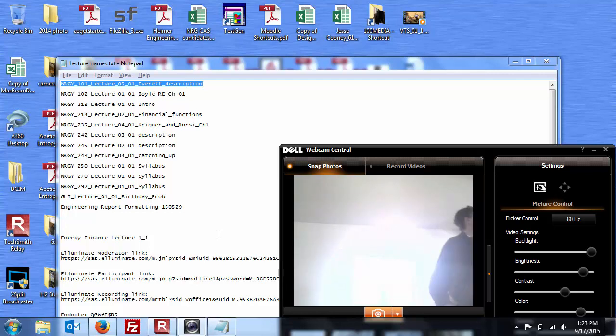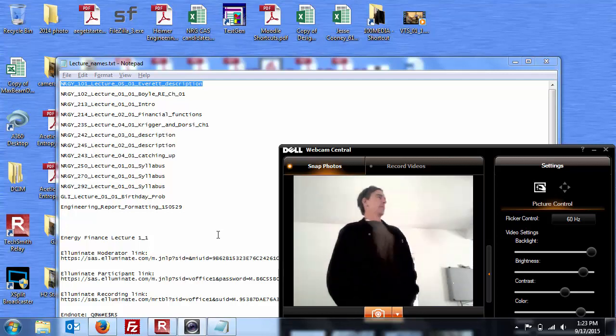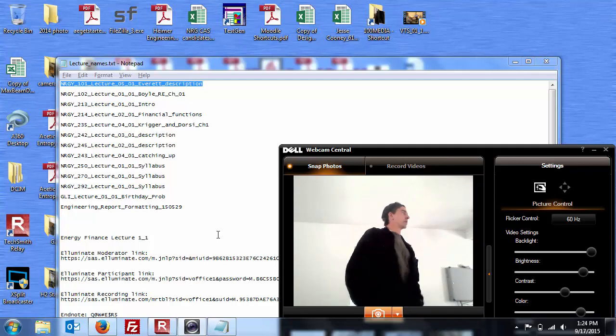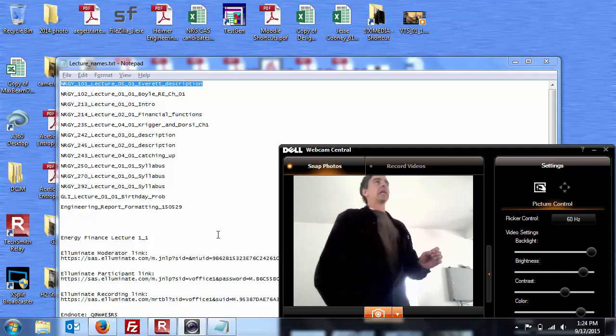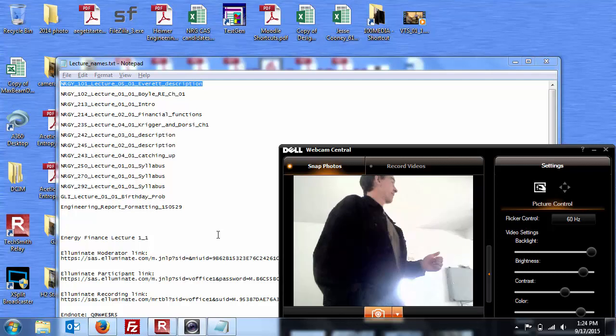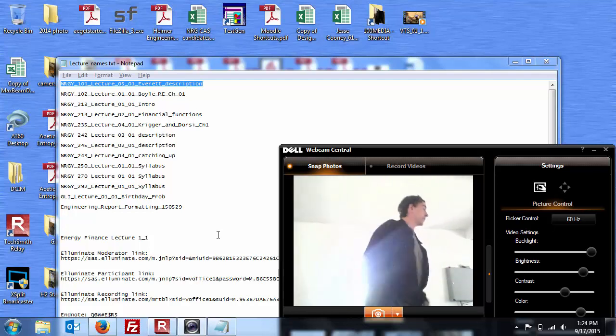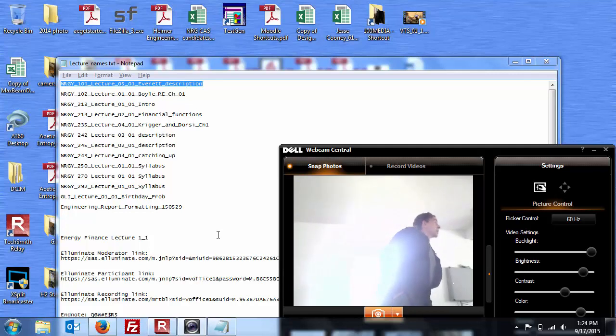Okay, so what we're looking at on the board, it says the average light bulb is 10% efficient, and by efficient that means that 10% of the energy goes into making photons come out of it, and 90% goes into making heat that you cannot see.